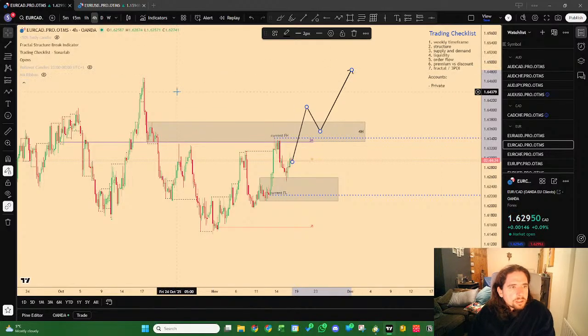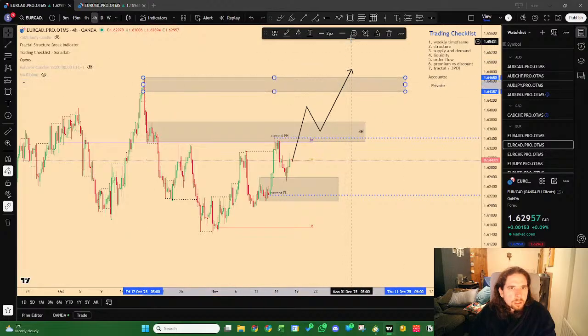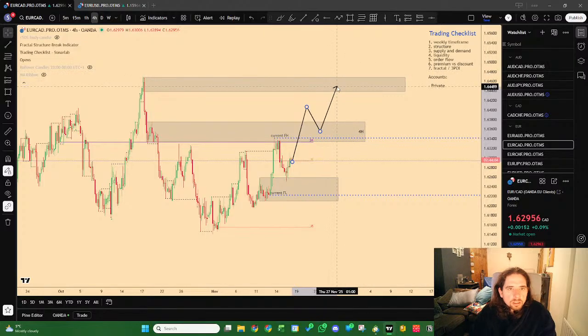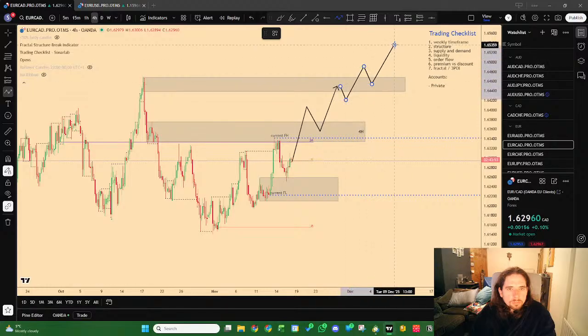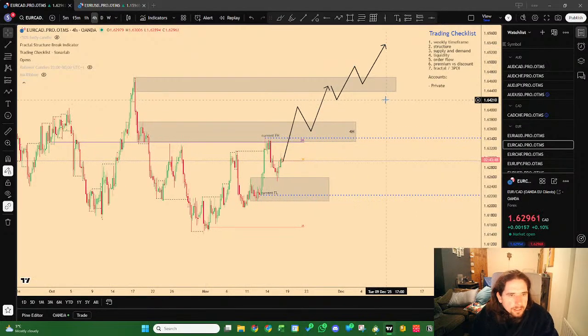It'll probably react to this area here. So yeah, I expect a little reaction. So you go in there, something like that. Okay, so that's what I expect.